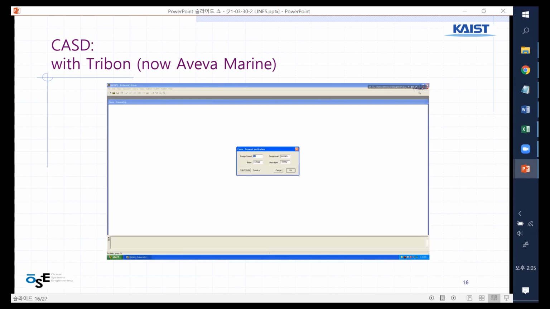So now the new name is Aveva Marine, and most of the big Korean shipbuilding companies use Aveva Marine, probably except Samsung. Samsung uses Intergraph, another computer-aided ship design software company.